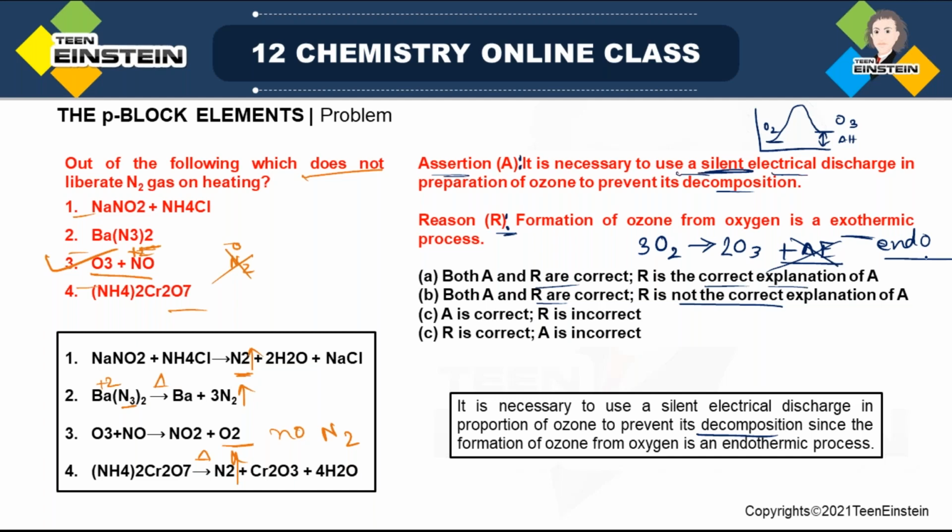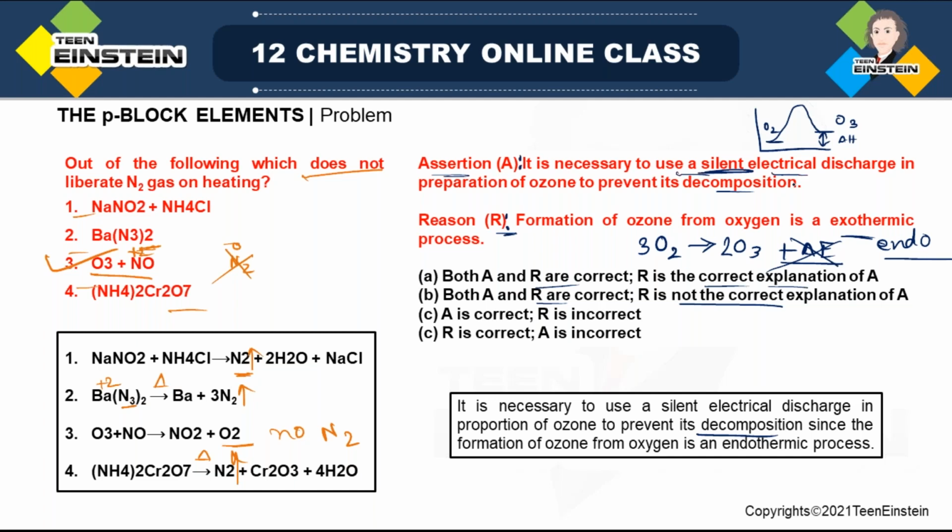We will try to save energy as much as possible, because in this reaction, if somehow energy is wasted, already the yield is very low. You have seen it in the last class. It is a very low yield, but in spite of that, if you are wasting the energy, then the yield will be lowered further.